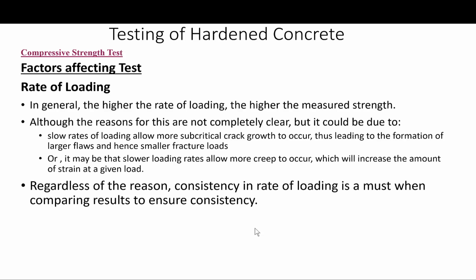To obtain comparable test results, the rate of loading in practice must be maintained within fairly narrow limits. And again, we're talking about consistency and comparing results of the same testing, not different testing methods and different practices.